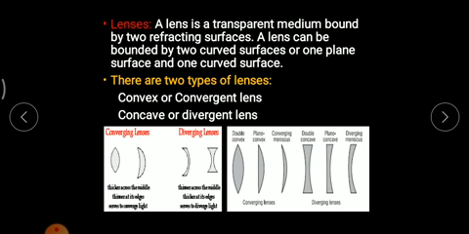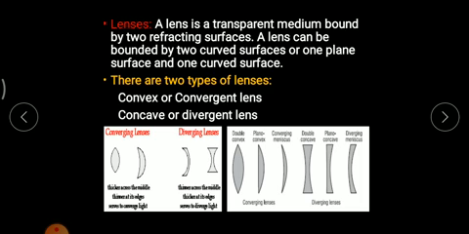So let's proceed. What exactly do you mean by a lens? A lens is a transparent medium bounded by two refracting surfaces. The phenomena of refraction are mainly associated with lenses. It is a transparent medium which has a refracting surface, which means both sides of a lens act as a refracting surface.